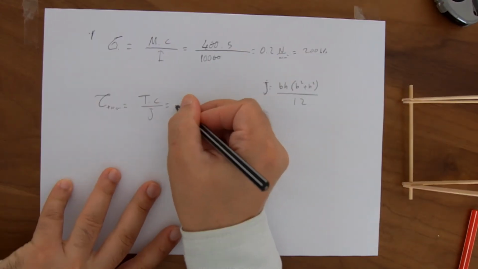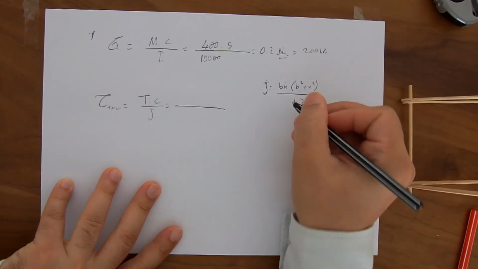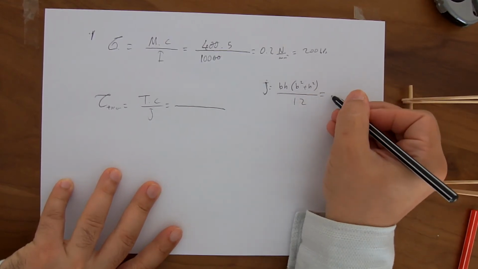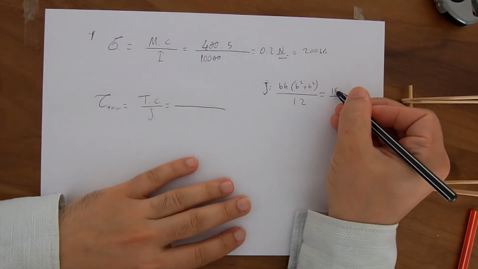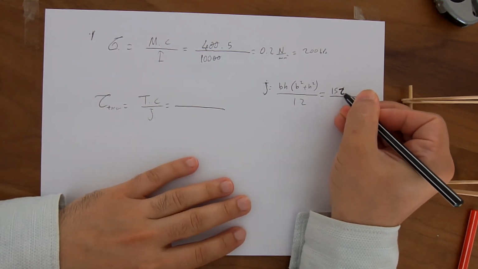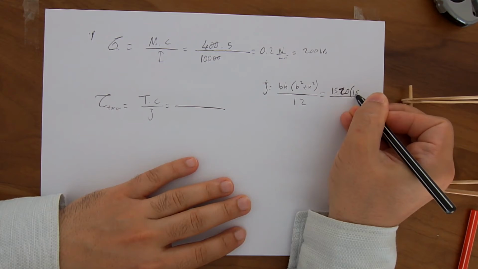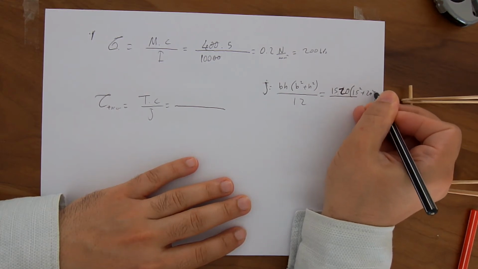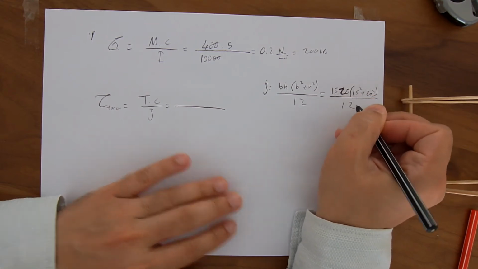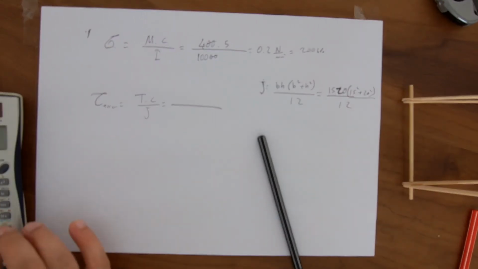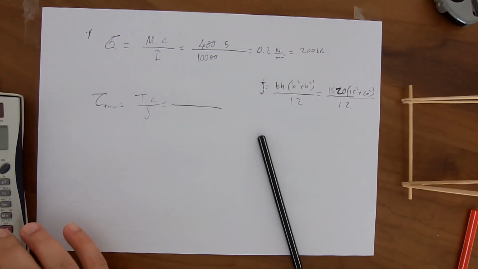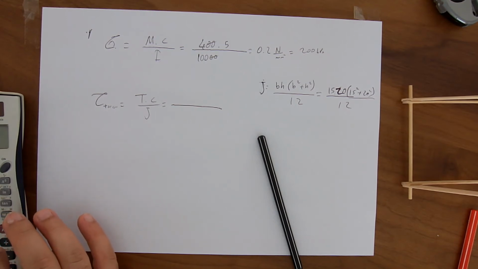So what is T? Let's calculate the J first. B was equal to 15, 20 for H, 15 squared plus 20 squared over 12. Just calculate it.